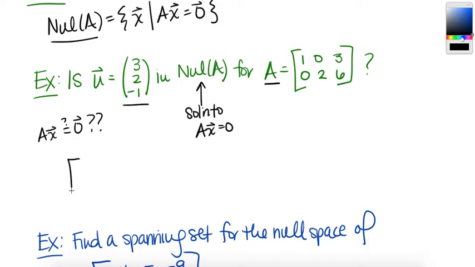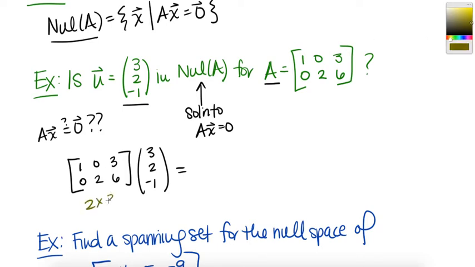All right. So let's see, 1, 0, 3, 0, 2, 6. Okay, 3, 2, -1. We want to multiply this out, and let's remember this is a 2 by 3. This is a 3 by 1. Those match up. So we can do this. We will get a 2 by 1 out of here.